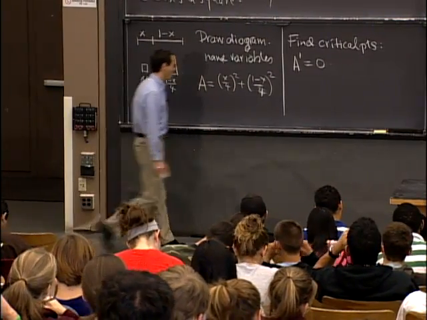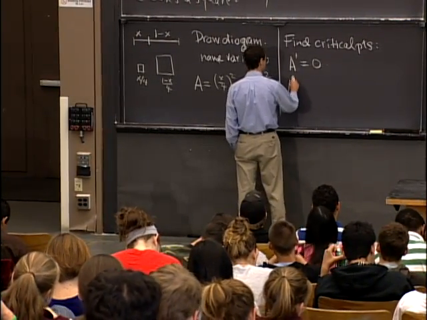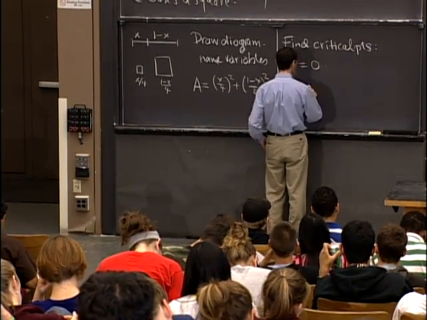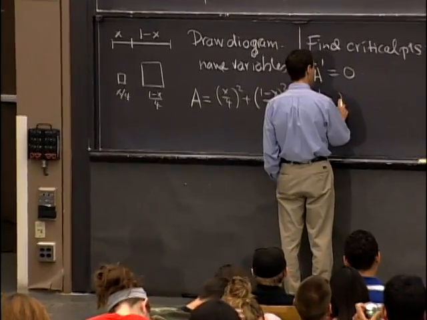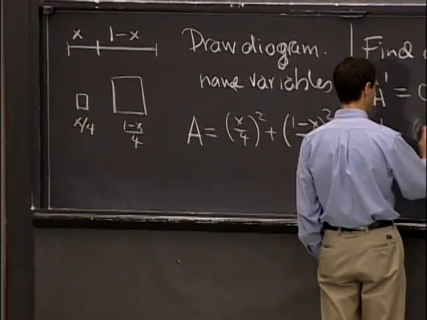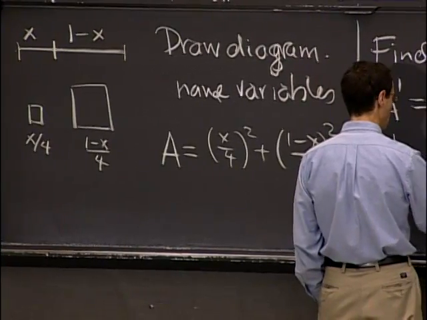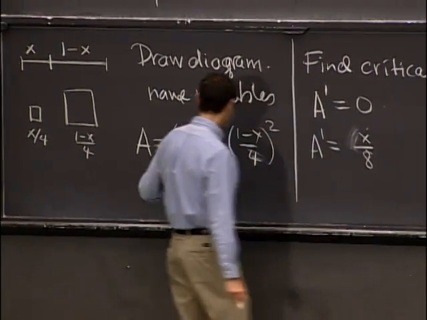If I do that differentiation, the first one, x squared over 16, gives x over 8. That's the derivative of this.